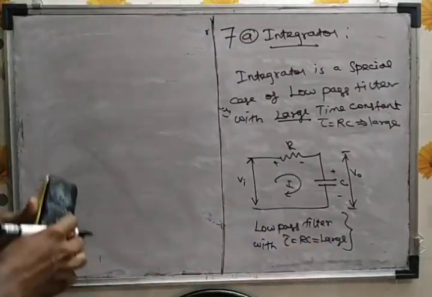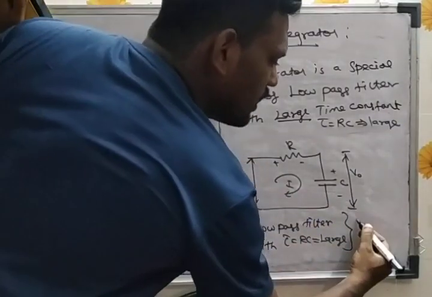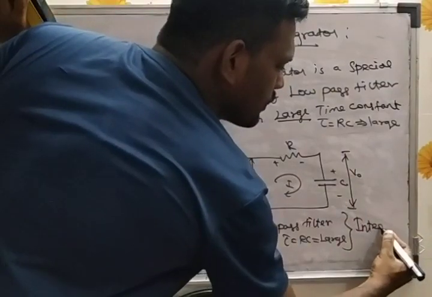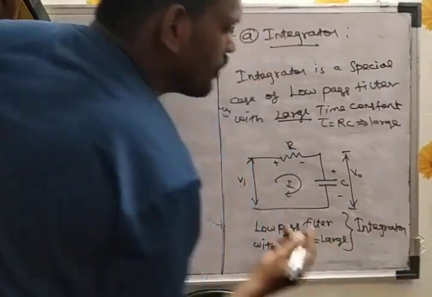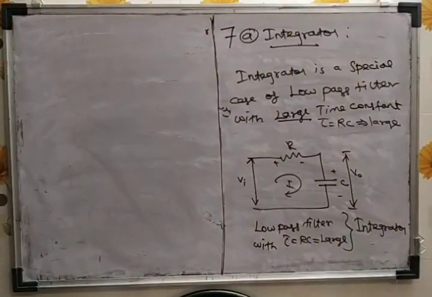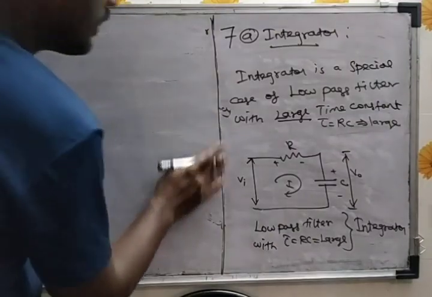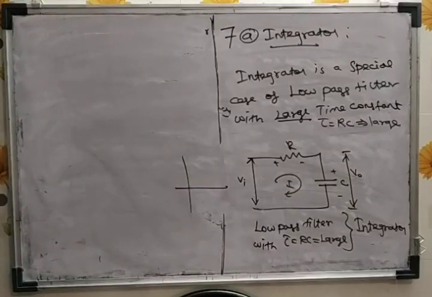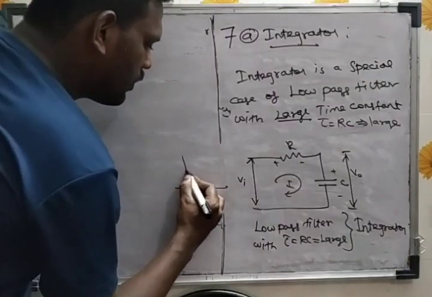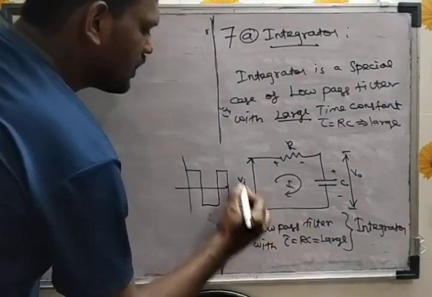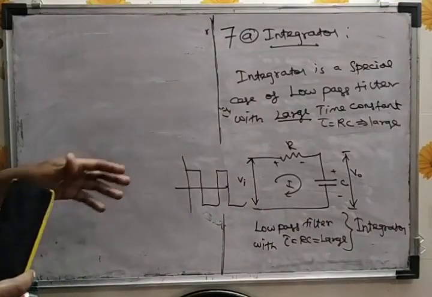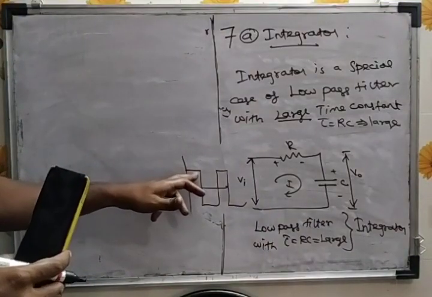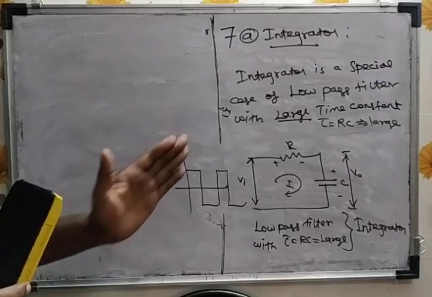Then it will work as an integrator circuit. If you give a square wave input, you know that integrating a step signal gives a ramp signal.